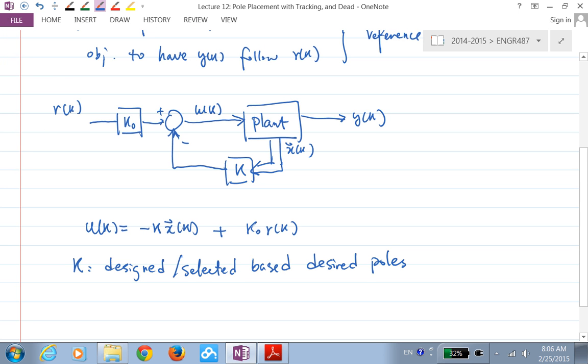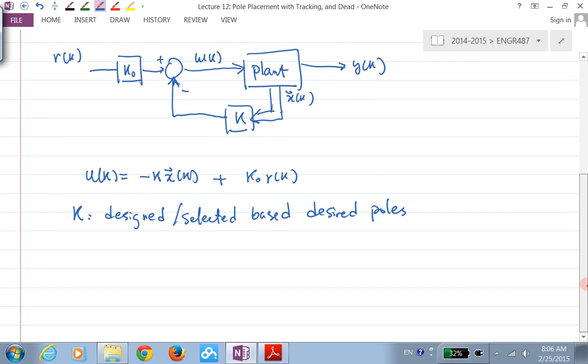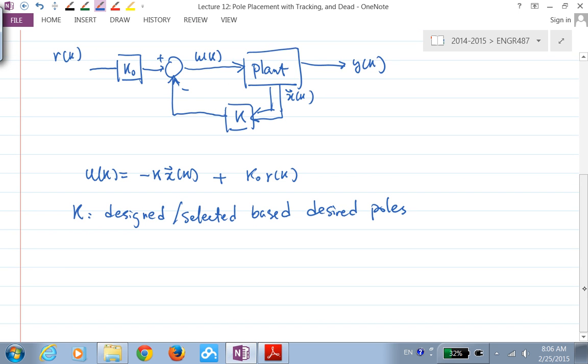You pick certain poles based on a desired kind of response, settling time, or damping ratios, that kind of requirement. And then you can calculate the K based on the desired poles. The K naught we also have to take care of. The K naught is also a scalar value.